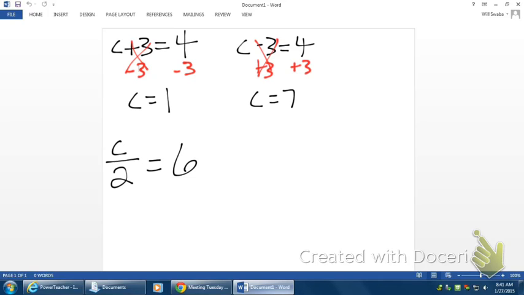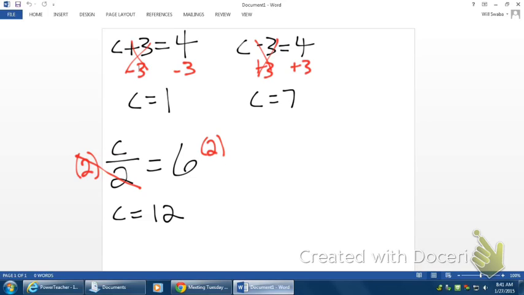It's multiplication. So you would multiply both sides by 2. By doing that, you cancel out that 2 underneath that c. And this would become c is equal to 12. Basic. Always just do the opposite.